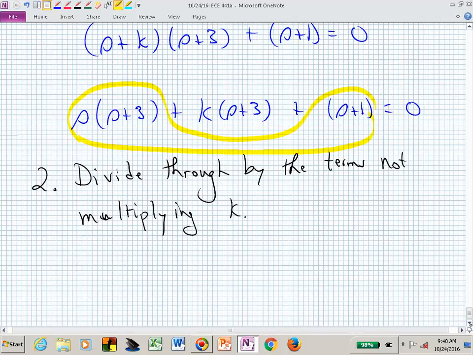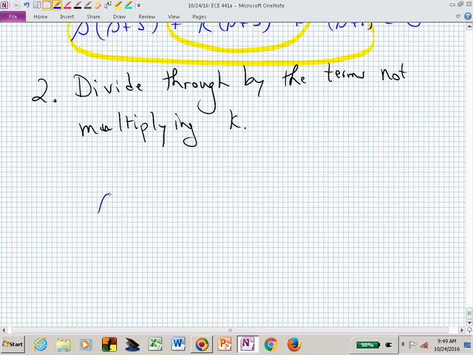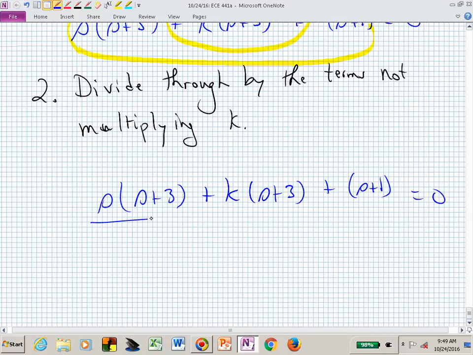Meaning, I take s times (s plus 3) plus K times (s plus 3) plus s plus 1, that's equal to 0, but now I'm dividing by s times (s plus 3) plus s plus 1.